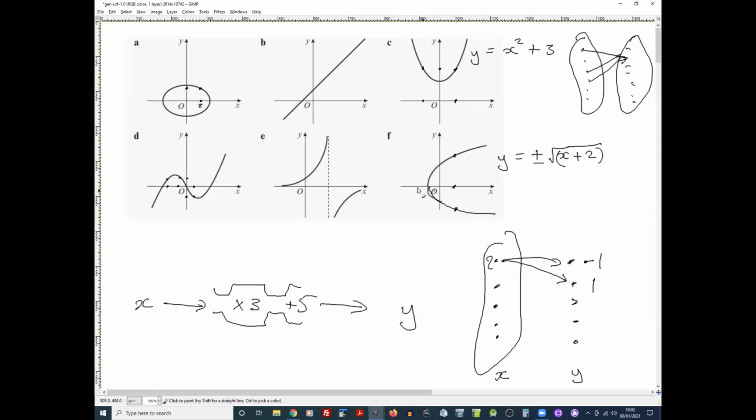Just one to one, and so it is like example B, although it's not a straight line. How could you describe what F has got in common with B? F before my change. Well, it never loops back on itself. Yes. Okay. What is it? There's jargon or technical vocabulary in maths for that.